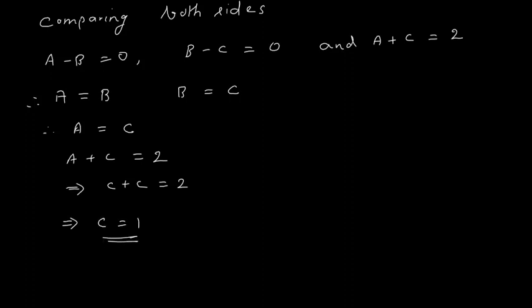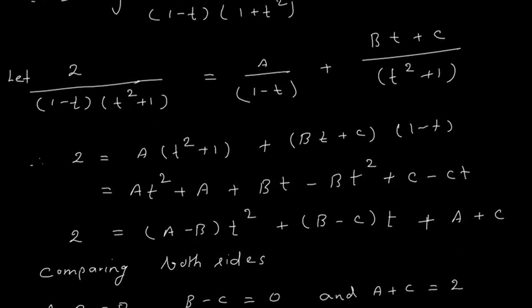Now the value of c is 1, so the value of b, which is equal to c, b will become 1 and the value of a will also become 1. So a is equal to b is equal to c is equal to 1, I am getting here.